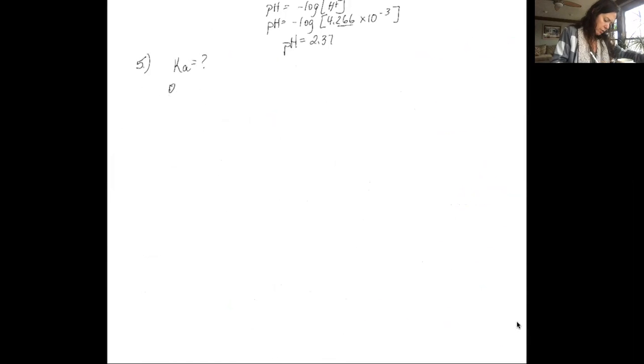I've got a 0.100 molar weak acid, so just call it HA. The hydrogen ion concentration is 1.75 times 10 to the negative 3rd, and we need Ka. Let's get our equilibrium expression.